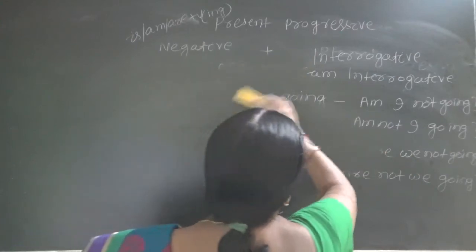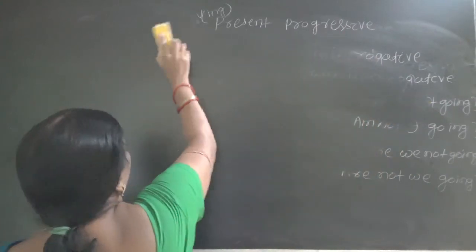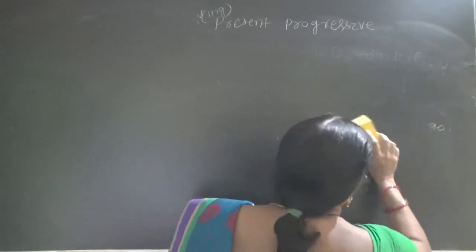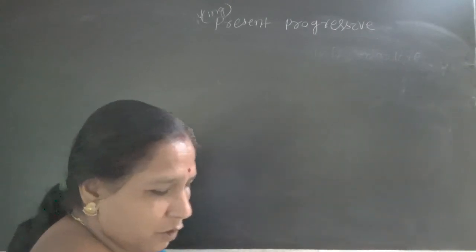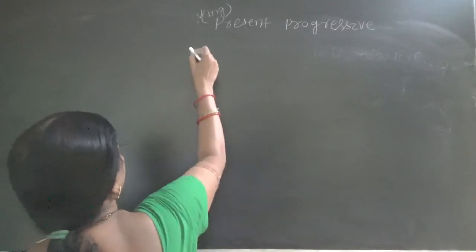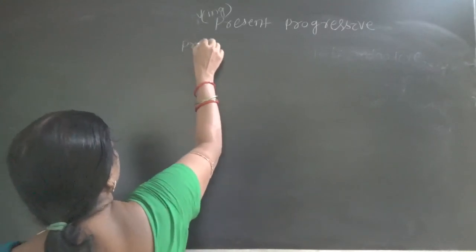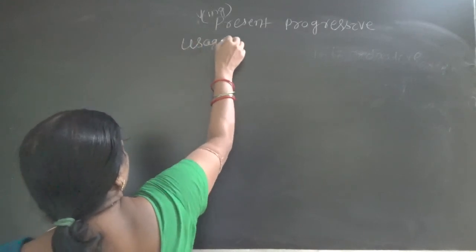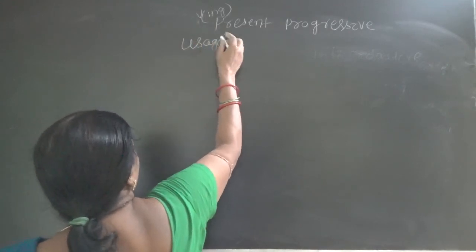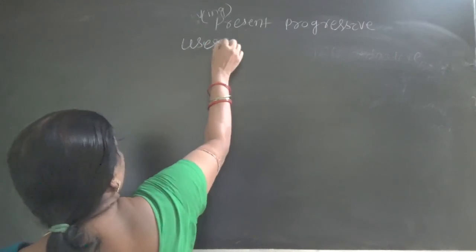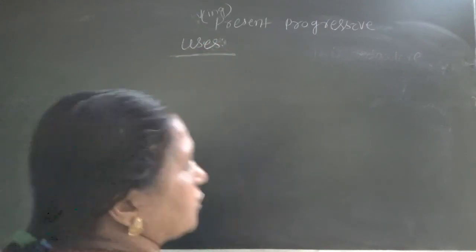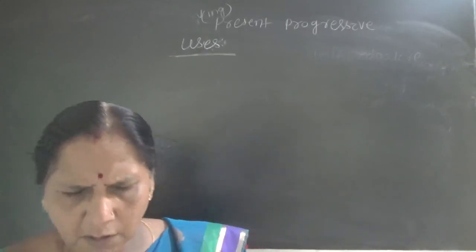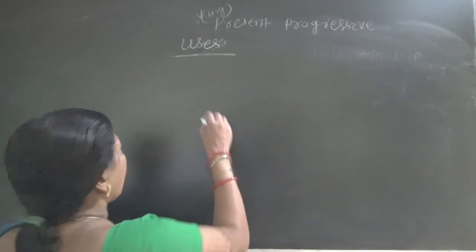Then what are the uses of present progressive? In which cases do we use it? First, something happening now.